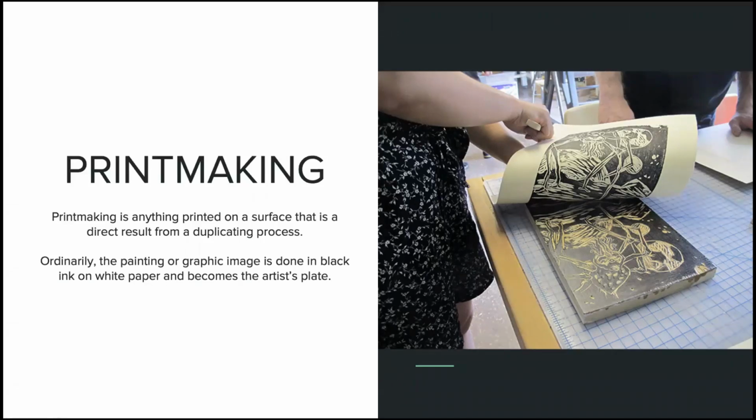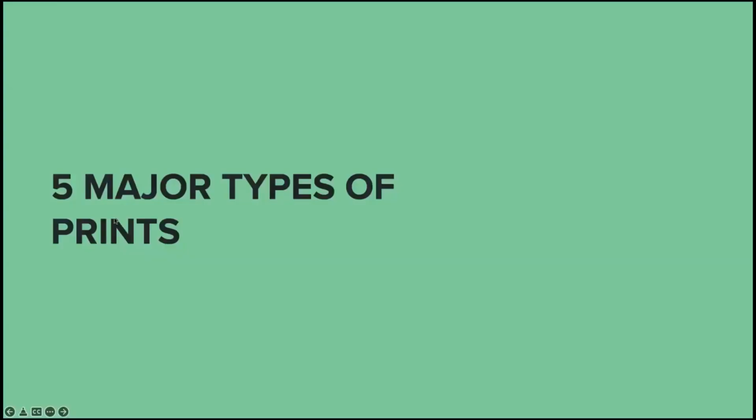Since it's printmaking, that means you need a printer, maybe a different kind of printer, to be able to produce this type of medium for visual art. Now, let's discuss the 5 major types of prints.